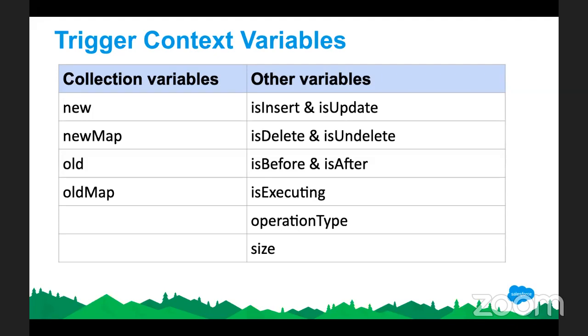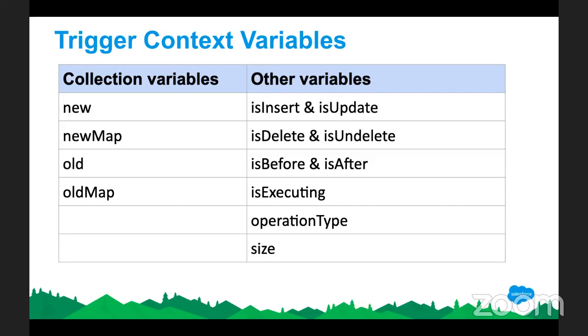isExecuting. Why is this important? Because from a trigger we mostly will call methods. Methods are reusable code. So at times we may have to identify if this method is called by a trigger or by non-trigger code. In order to make that check, you can use this Trigger.isExecuting keyword.